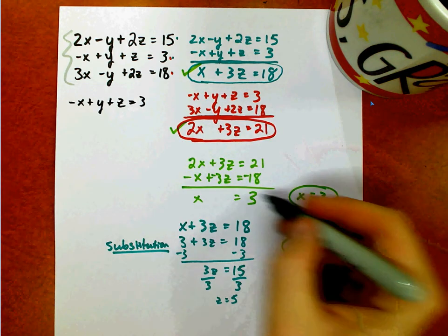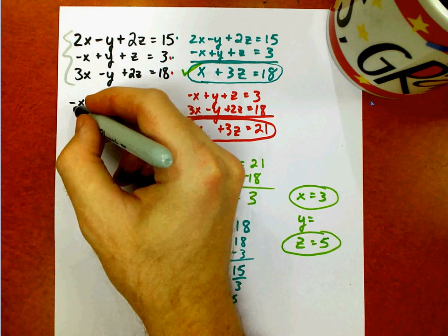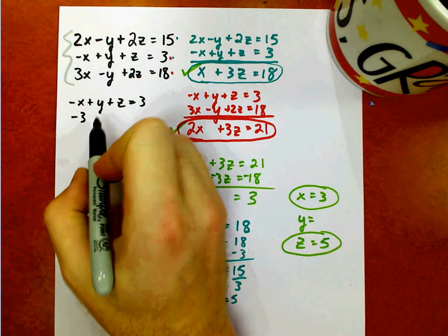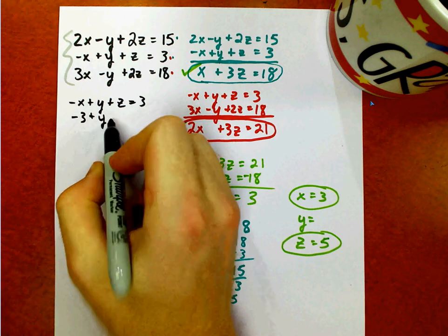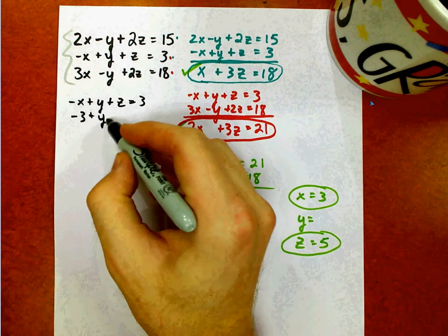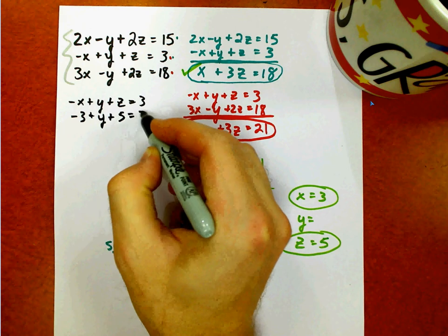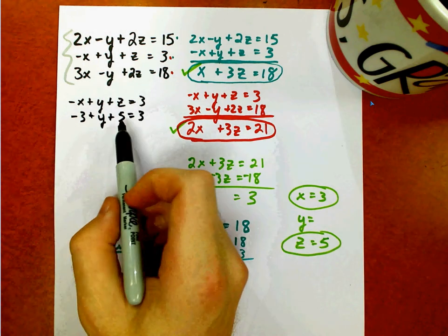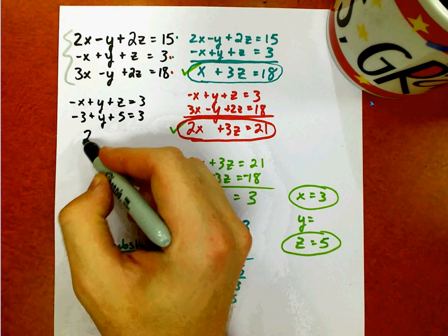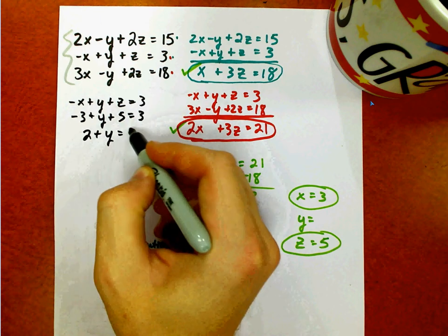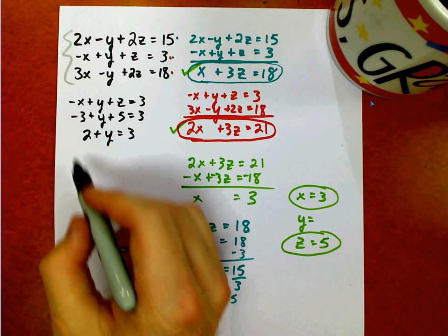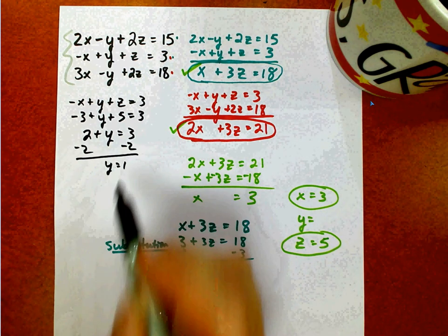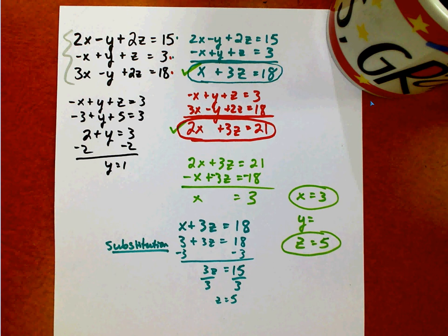X is 3, so by substitution again, I'm going to have negative 3. Still don't know y, going to leave it y, solve for it. Z is 5. Is equal to 3. By combining like terms, 5 and negative 3 should be 2. And now all I've got to do is subtract 2 from each side to find the final solution here, that y is equal to 1.